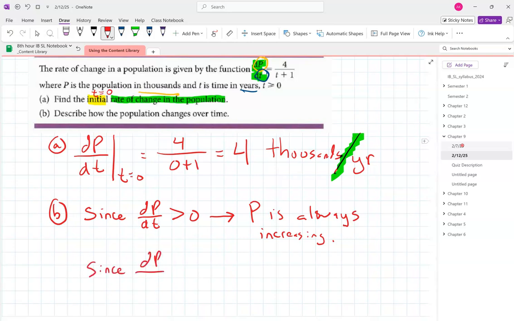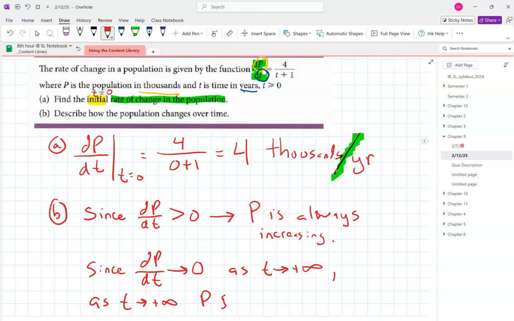Okay? Now, I noticed what's happening to that rate as t approaches infinity? And what value is it approaching? 0. So what is that telling me? It's reaching its carrying capacity. Biological terms.